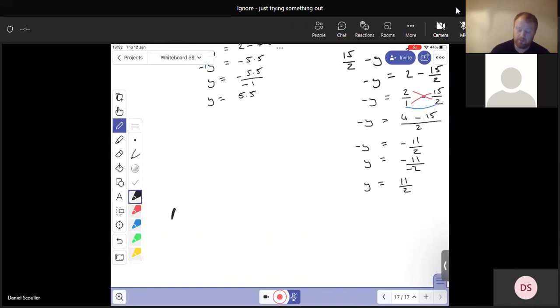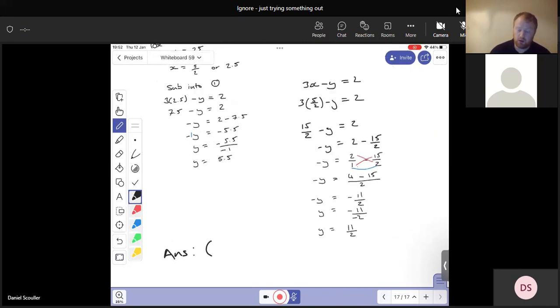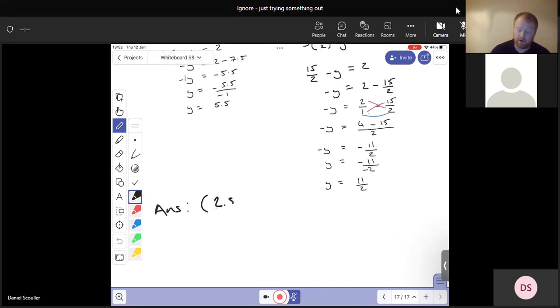Your answer to that question would be the coordinate 2.5, 5.5, or 5 over 2, 11 over 2. Both are the same, both are the correct answer. You can leave it in fraction form, it's not a problem. It's just a bit of a pain in the arse.